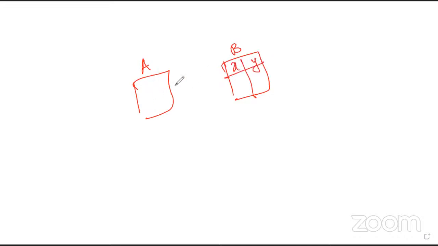Yeah. So suppose there are two tables. This is table A and this is table B. And this is X, Y. And A takes the reference value from the X. Okay.